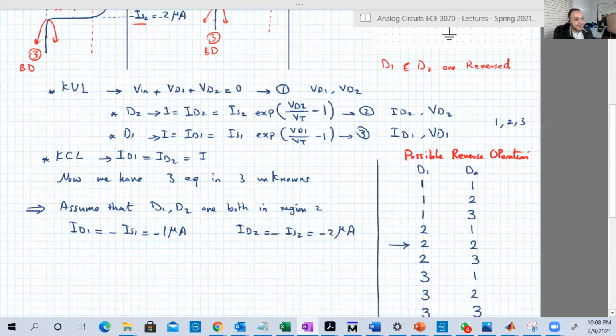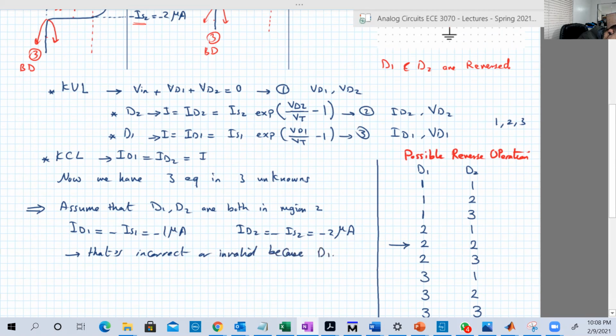Remember here that ID1 must be equal to ID2 because they are in series. So that's incorrect or invalid, because D1 and D2 are in series and ID1 must be equal to ID2. So that assumption here is not valid, it is wrong.